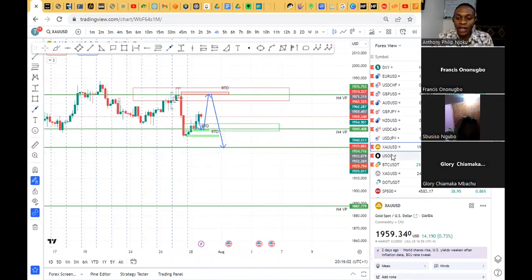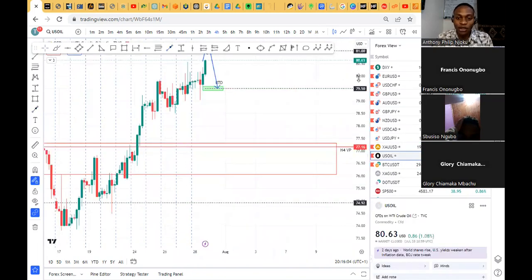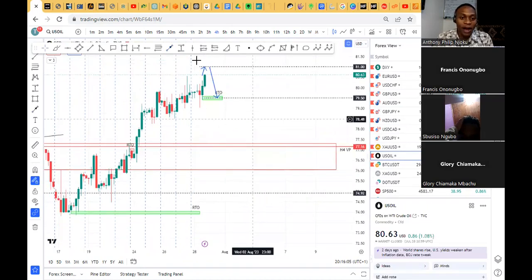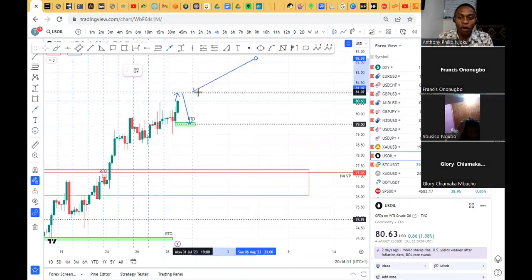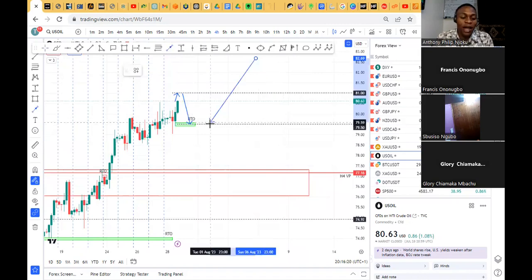Then the next is US oil. For US oil, we have a psychological level of $81 per barrel index price. And for me, I was looking for sell setups coming back into this origin over here at the psychological level of $79.5 per barrel index price.